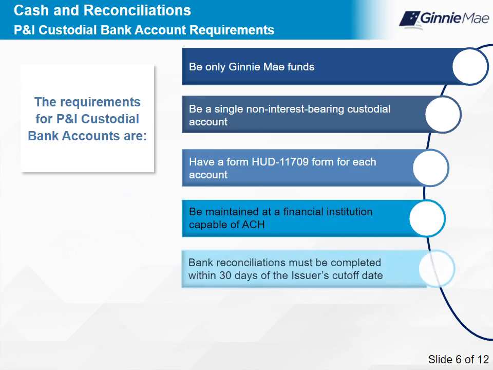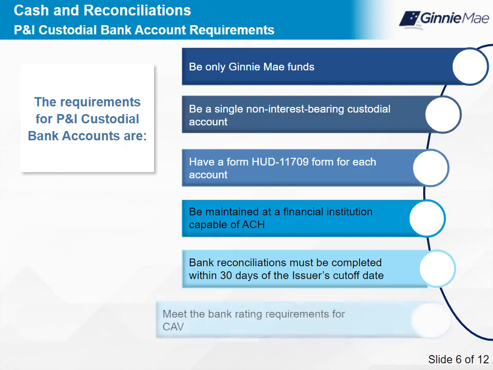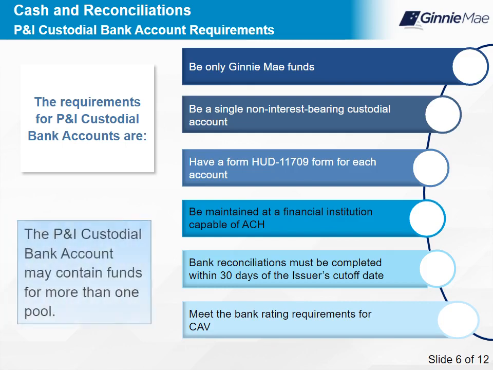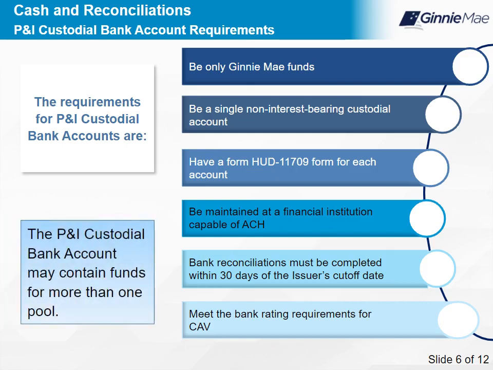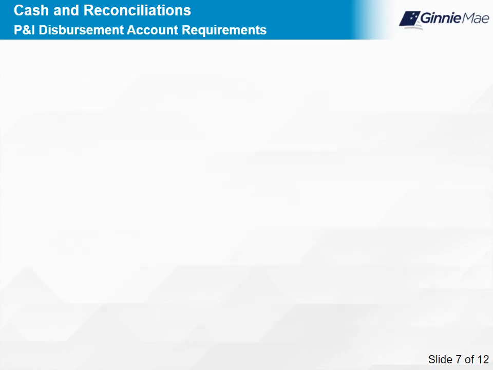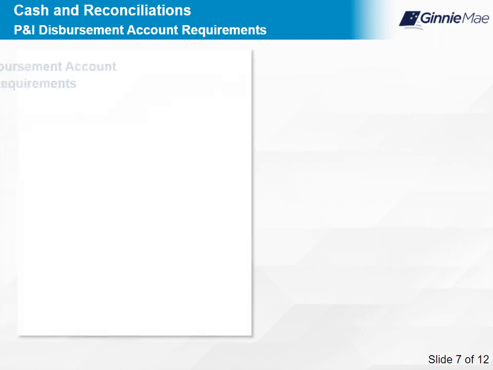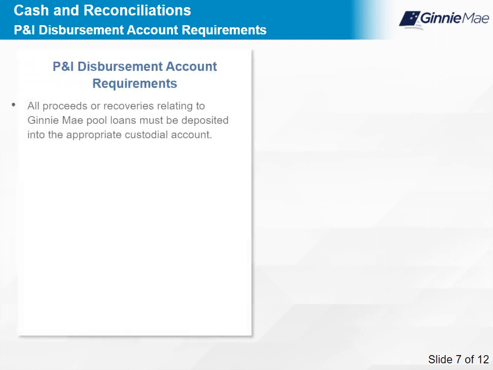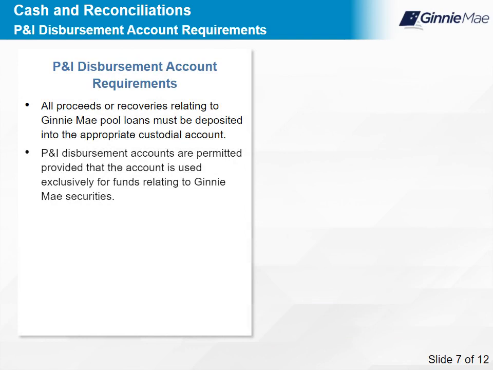Bank reconciliations must be completed within 30 days of the issuer's cutoff date. Meet the bank rating requirements for custodial account verification, CAVs. Note, the P&I custodial bank account may contain funds for more than one pool. Select Next to continue.